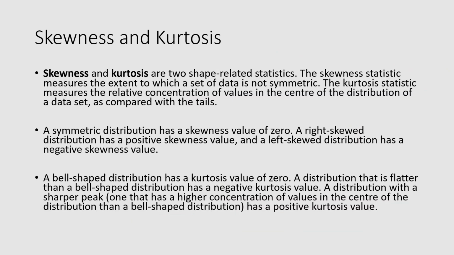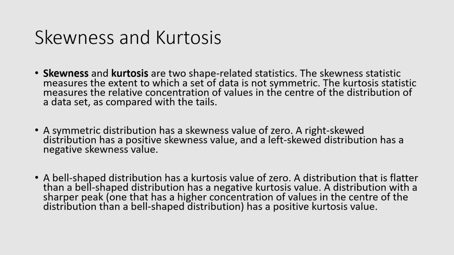And now let's move on to skewness and kurtosis. These are actually the two shape-related statistics. The skewness statistic measures the extent to which a set of data is not symmetric, and the kurtosis measures the relative concentration of values in the center of the distribution.